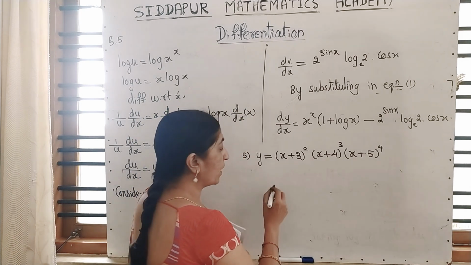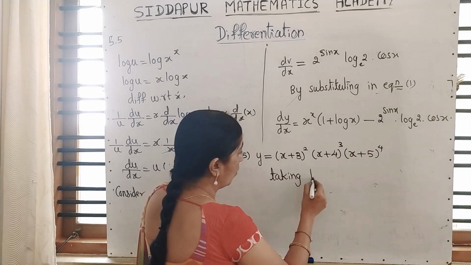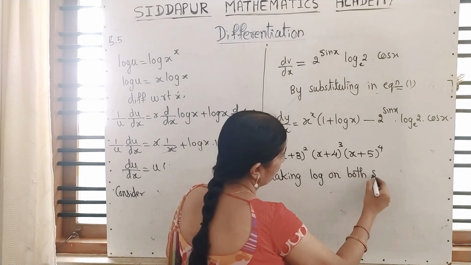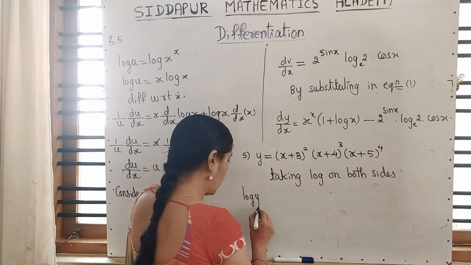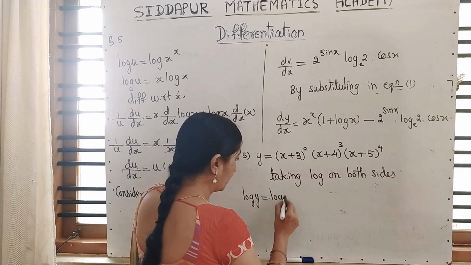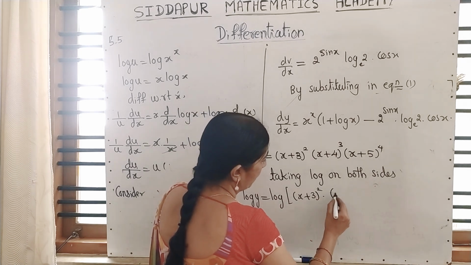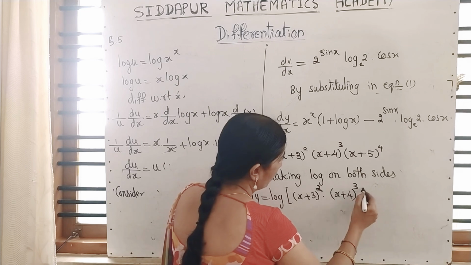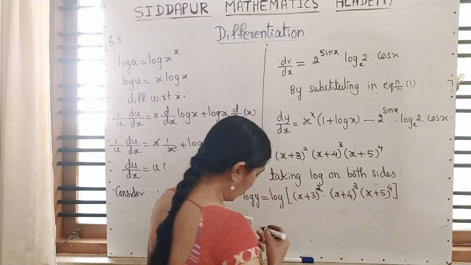But if you take a log, the problem will be simple. Taking log on both the sides, log y is equal to log of x plus 3 whole square into x plus 4 whole cube into x plus 5 raised to 4.